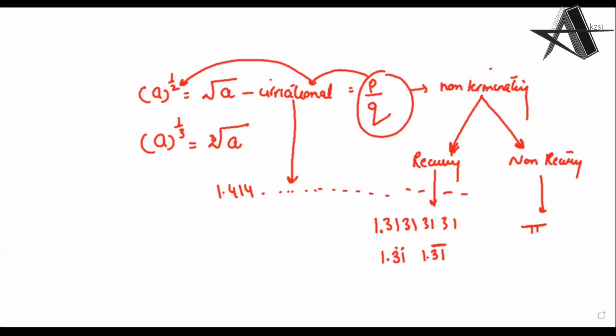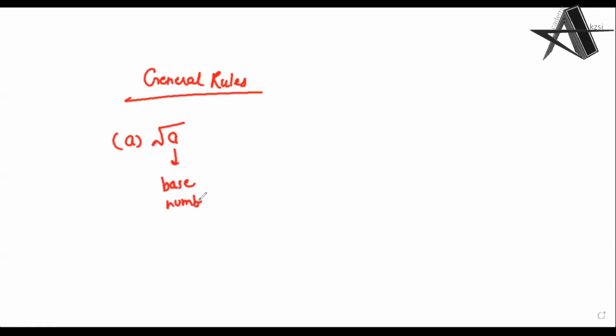First we should know some rules. These are general rules of surds. First thing is, when we multiply two same surds together having the same base number, for example root a, which stands as your base number, your answer will be that base number.